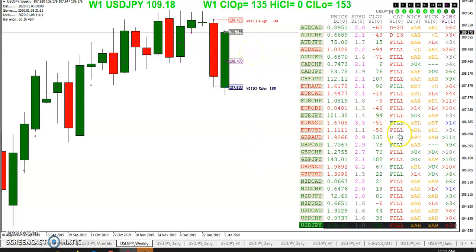Now on the gap side, we have 1, 2, 3 that haven't filled. If you remember yesterday, I think there were like 5 or 6, so you still had a chance to take advantage of a couple of those trades. These indicators right here, that's the weekly pivot point. So we can see that on the chart.